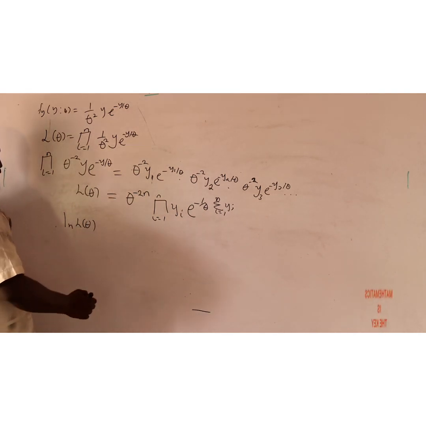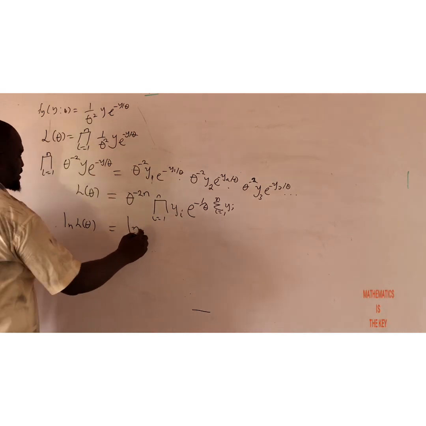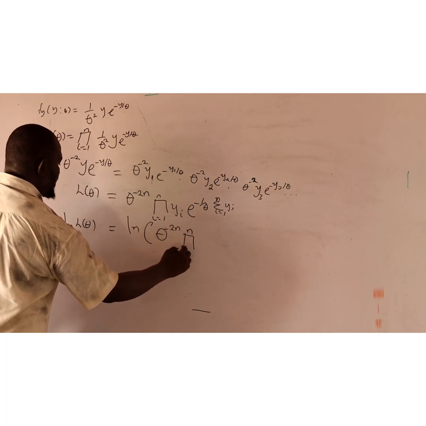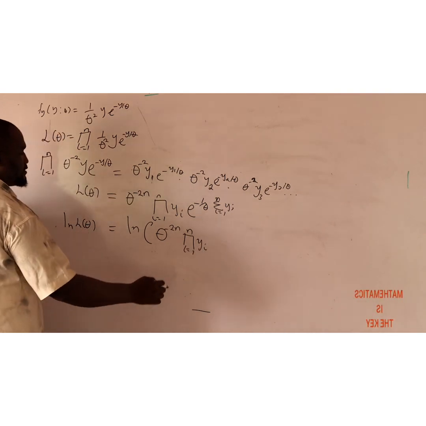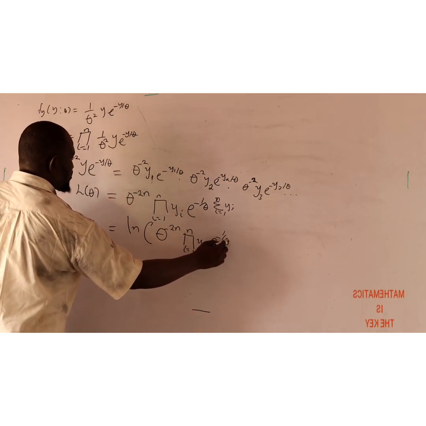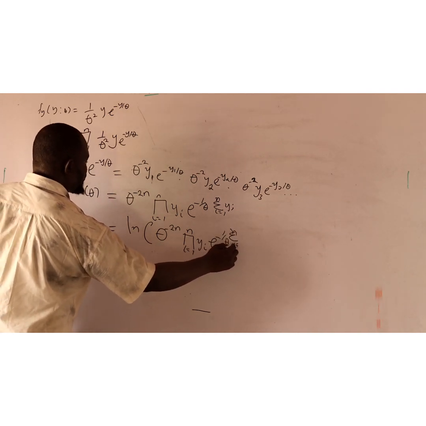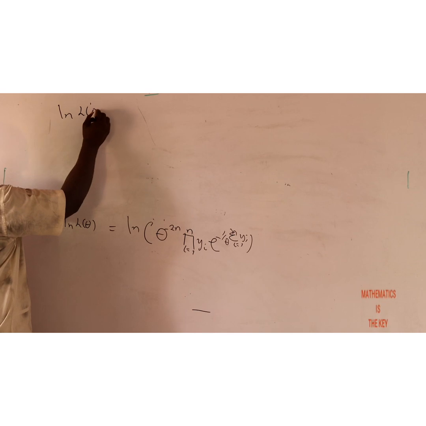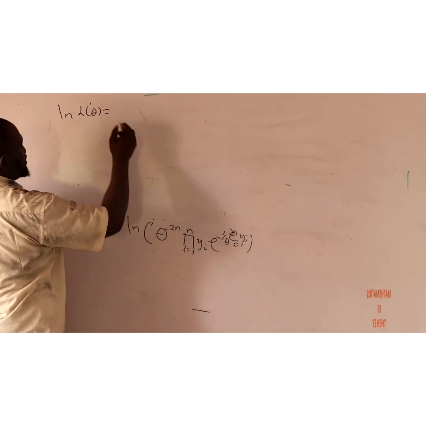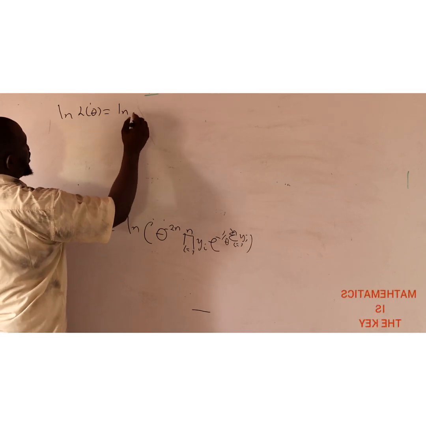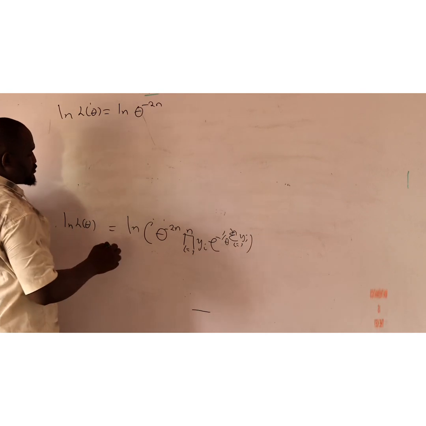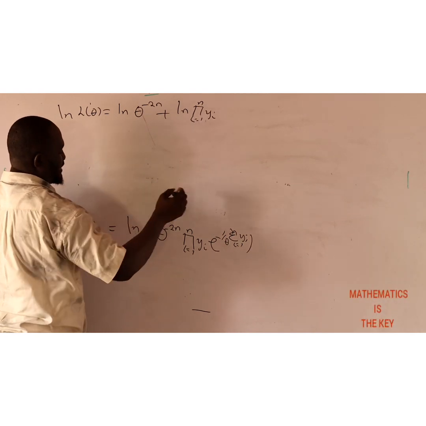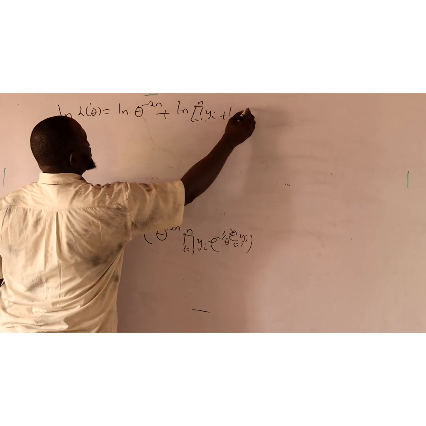So ln of the likelihood function is going to be ln of theta to the power of minus 2n, times the product from i equals 1 to n of yi, times exponential of minus 1 over theta, summation from i equals 1 to n of yi. That gives minus 2n ln theta plus ln of the product of yi plus ln of the exponential.